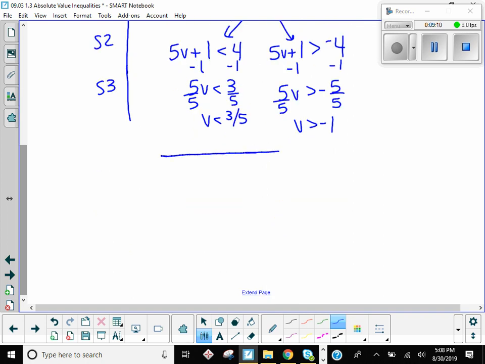Here's the number line. There's no equal bar, so these get parentheses instead of straight brackets. I need everything to the left of 3/5 and to the right of negative 1.